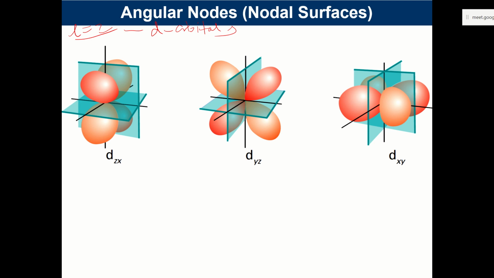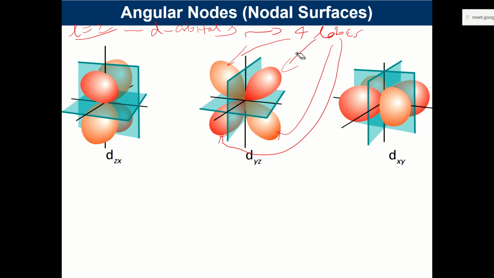So we say that d orbitals have 4 lobes, 1 2 3 and 4, 4 lobes of orbital. ये जो इलेक्ट्रॉन डेंसिटी का जो मैपिंग है वो इस तरह से जो बनता है उसको हम लोब्स कहते हैं, लोब्स ऑफ द ऑर्बिटल. सो p orbitals has 2 lobes, d orbitals have 4 lobes, right?